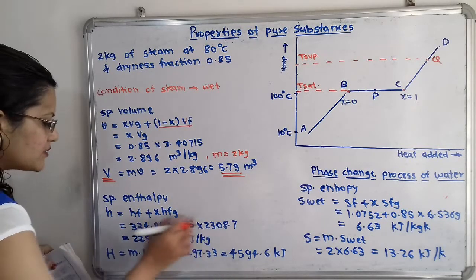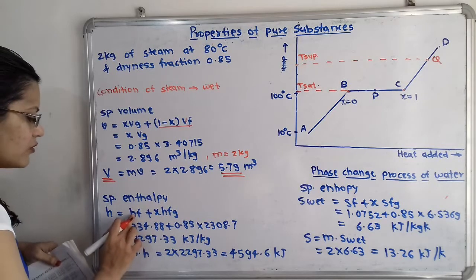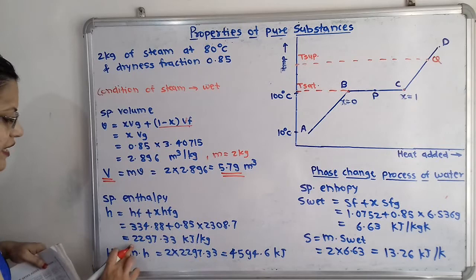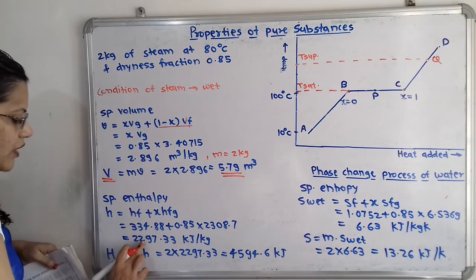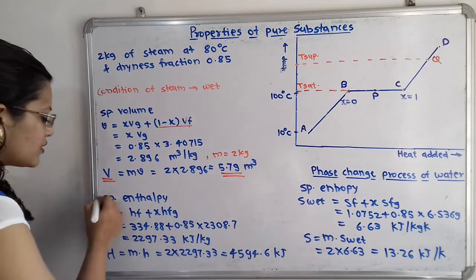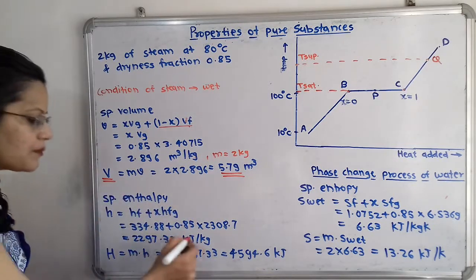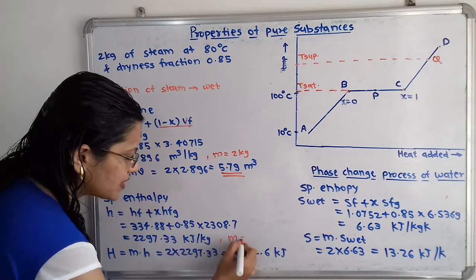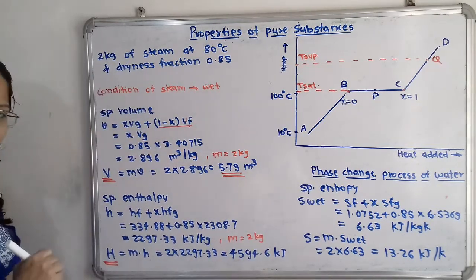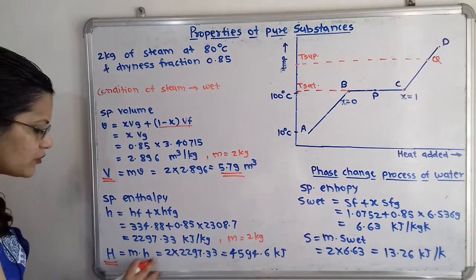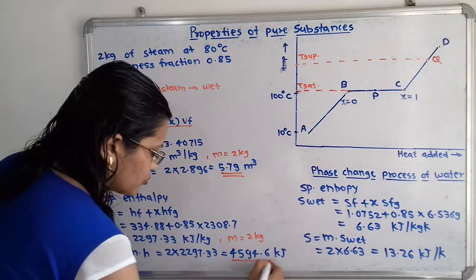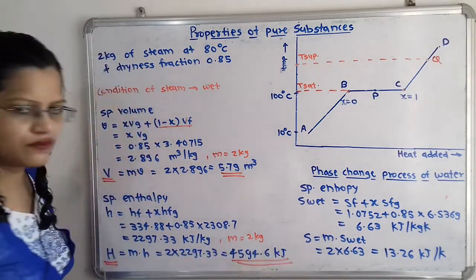We put the values, hf plus x hfg, with x as 0.85, and when we calculate we get 2297.33 kilojoule per kilogram. This is the specific enthalpy per kilogram, but the mass is 2 kilogram. So what is the total enthalpy? We use capital H, that is m into h, equal to 4594.6 kilojoules. This is the answer of the second question.